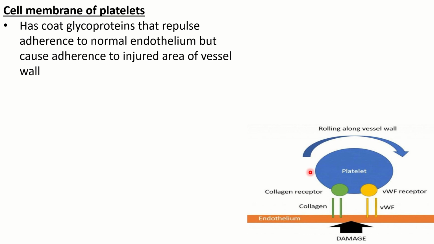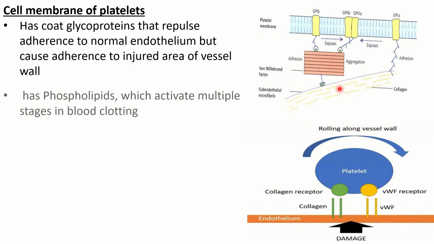This is so as to prevent unnecessary clotting, which is very dangerous, as it will lead to thrombosis, and also it can lead to high blood pressure, which is not good for you, right?